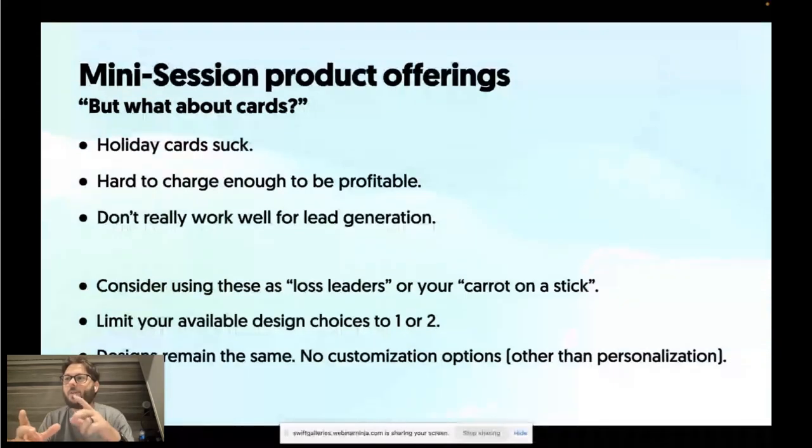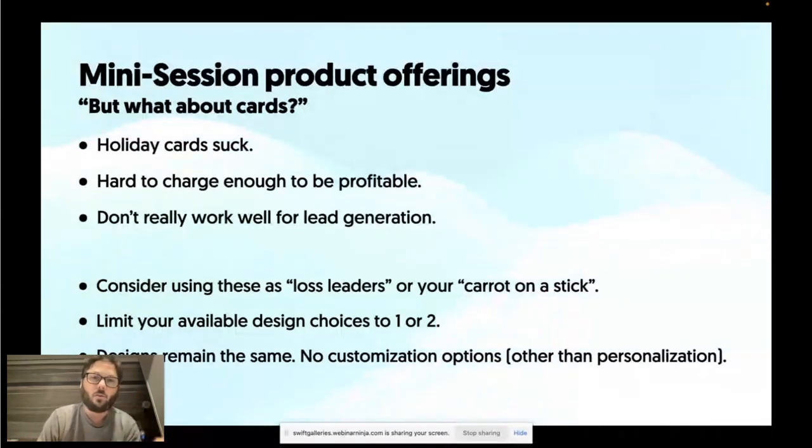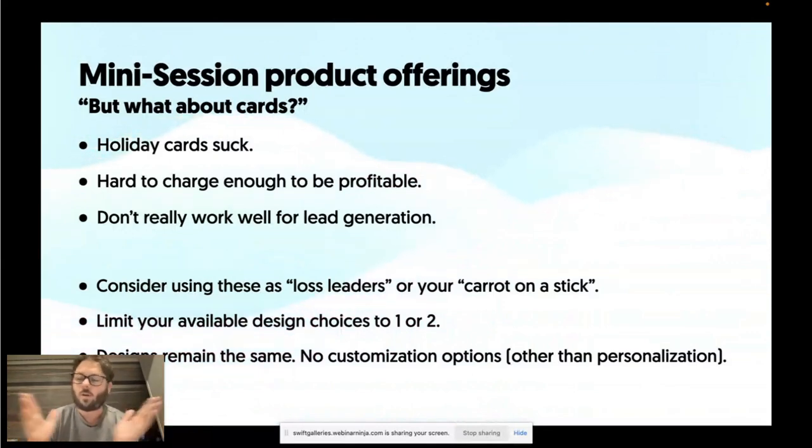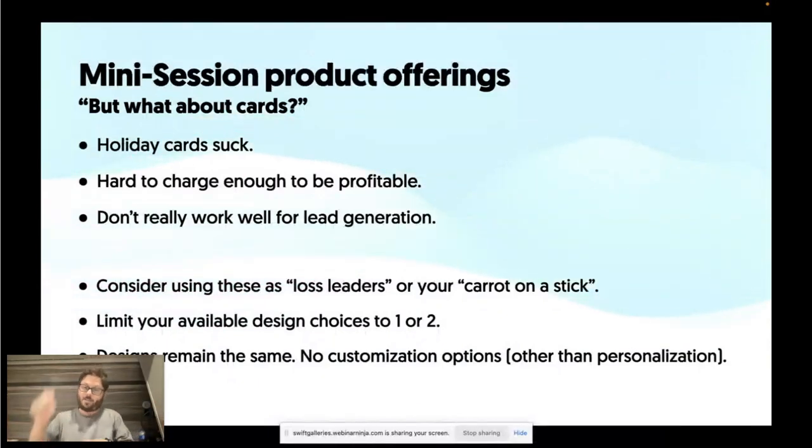Or you get a full pack of cards with any order of $800 or more or something, right? Whatever your ideal target sales average is, set it at that and then say that's where the cards come in, right? This is that carrot on the stick, the thing you're dangling in front of them that you want them to do, right? Okay.